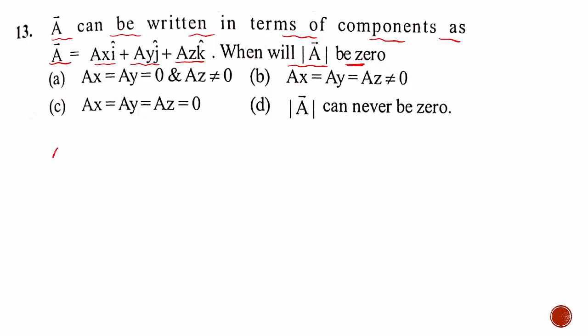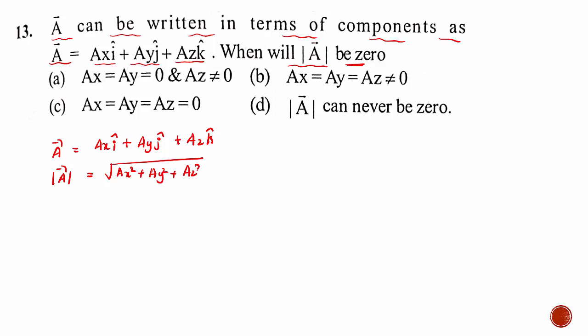See here, we know that vector A is represented by AX i cap plus AY j cap plus AZ k cap. So when you want to calculate the magnitude, we can write mod of vector A is equal to square root of AX square plus AY square plus AZ square.